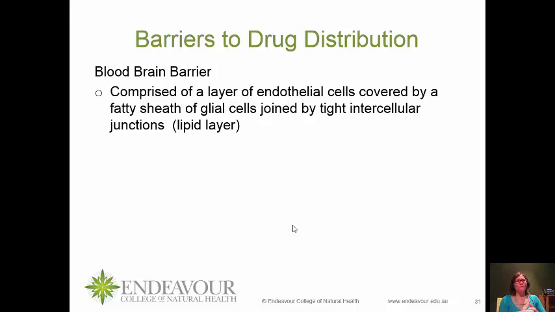There is a more fatty sheath around the glial cells that protect other structures in the CNS, and they form tight junctions with the endothelial cells.